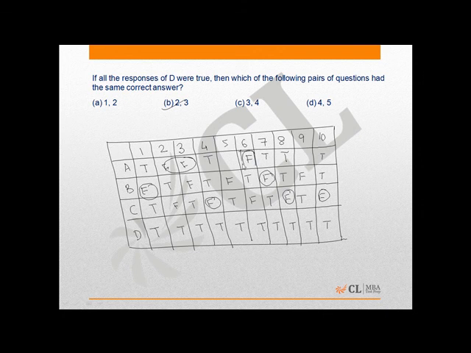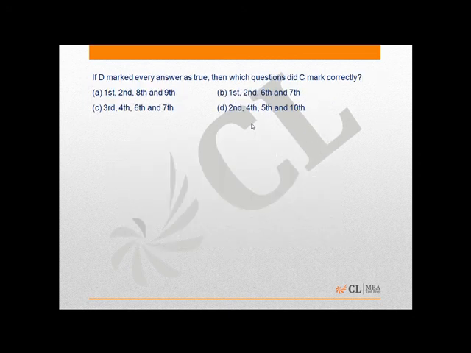This would have been false, this would have been false. So the answers would be the first, second, and then sixth, and then seventh. So these are the four questions that C has marked correctly: 1, 2, 6, and 7, and the answer for this question turns out to be the second option.